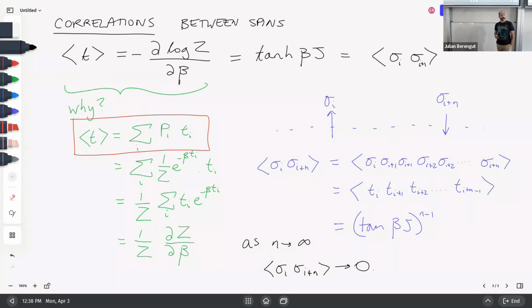It can go close to 1, but it can't exactly be 1. This should be tanh, by the way, obviously, tanh. Tanh goes between minus 1 and plus 1. So because it's a number between minus 1 and plus 1, not exactly plus 1, the correlations over large distances will eventually have to go to 0. Except for perfect fidelity, which might happen at exactly zero temperature. All right. So far, that's complicated, but that's not the Ising model yet.